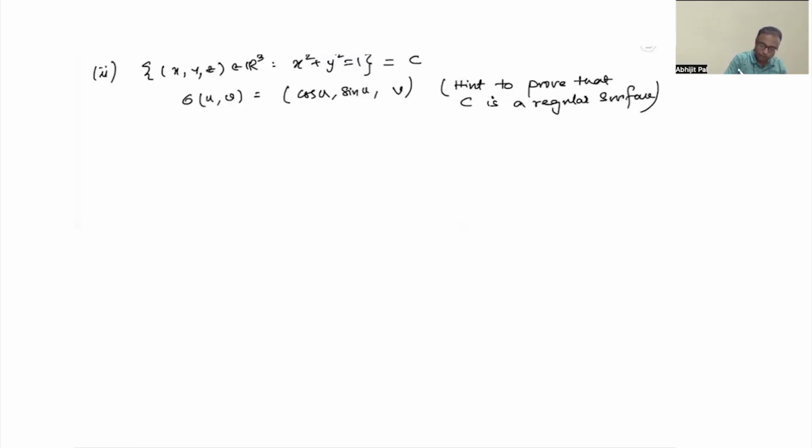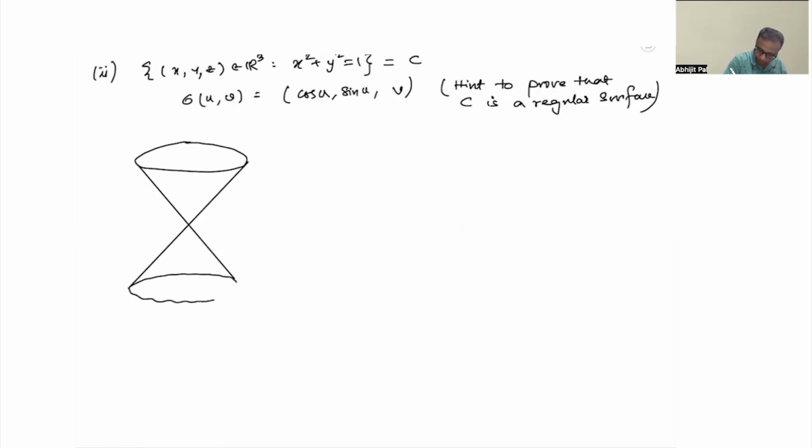Okay. So now, if I take this cone, this is not a surface. Why is it not a surface?